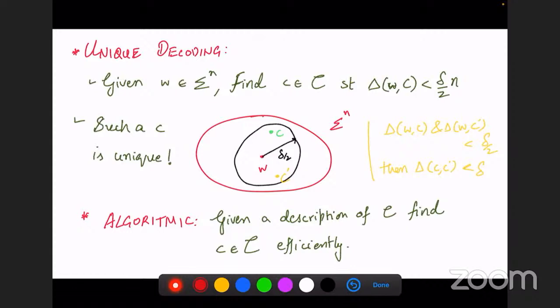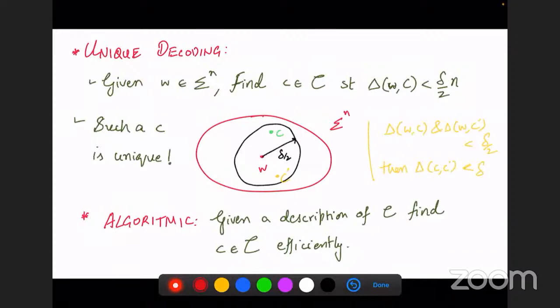Our code script C, remember, resides in sigma to the n, and we want to find the closest codeword c to W, where c is in script C. If it is promised to us that the distance between W and c, the codeword that we want to find, is less than delta n by 2, where delta was the fractional distance of the code, then we can be assured that such a c is unique.